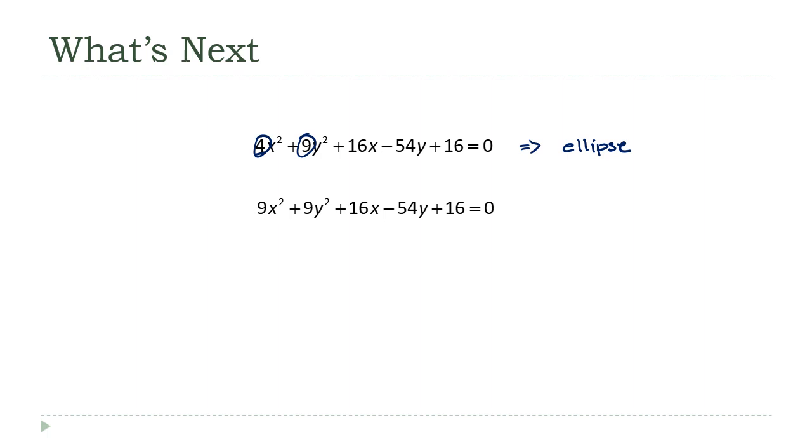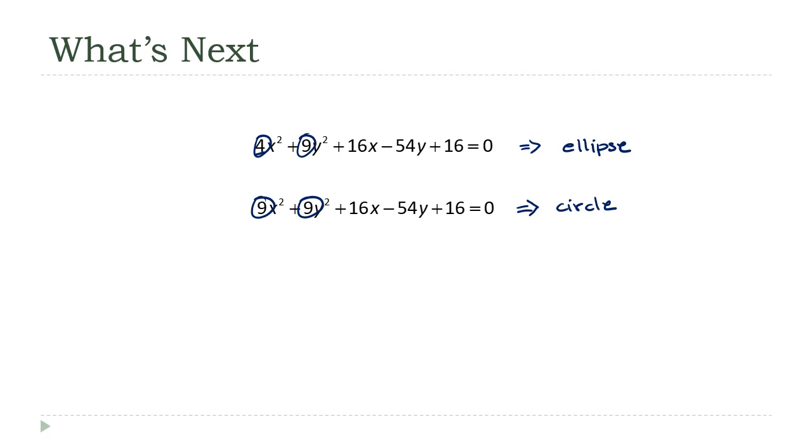Then down here in the second one, those two coefficients are the same. Because they're the same, this must be the equation of a circle, because I can get rid of them. If you really wanted it to look like the equation of a circle, x squared plus y squared plus other stuff, just divide through by 9. And those coefficients go away.